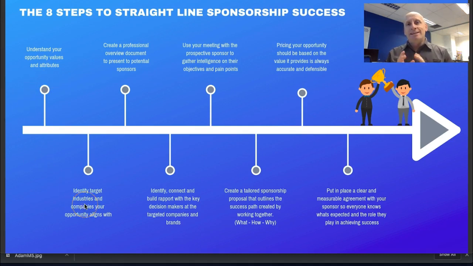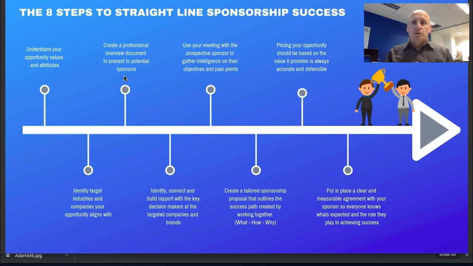Secondly, you need to identify the target industries and associated brands and companies. You've worked out in the first step where some of your really valuable attributes are. Now go down and look at which target industries, and which companies or brands within those industries, would best benefit from those attributes that you have.